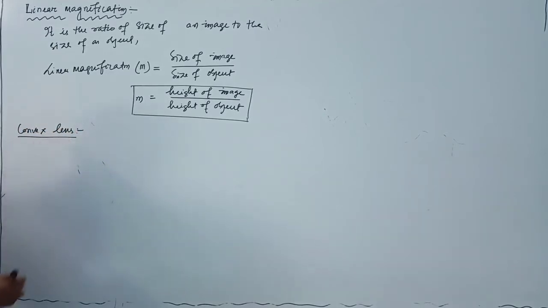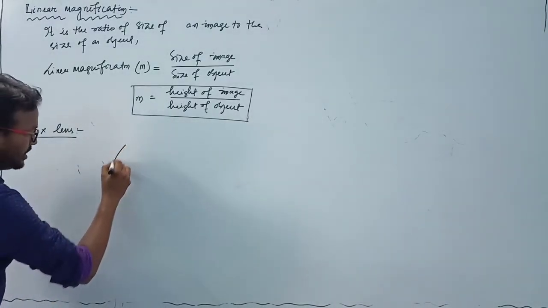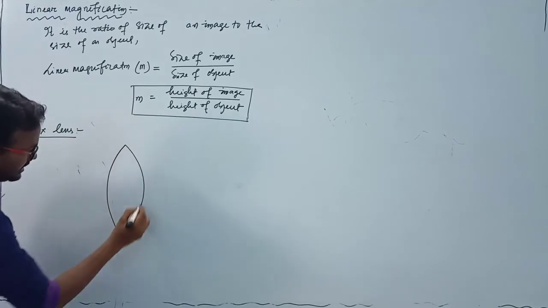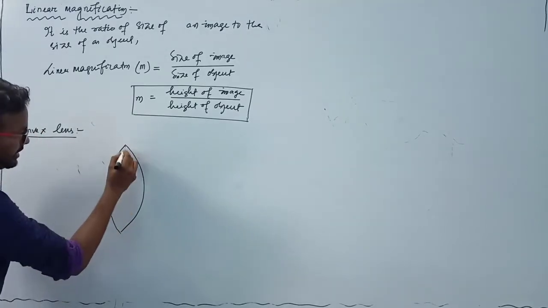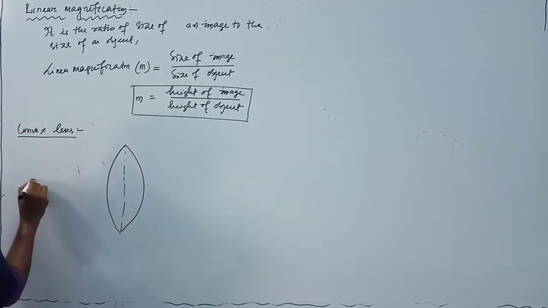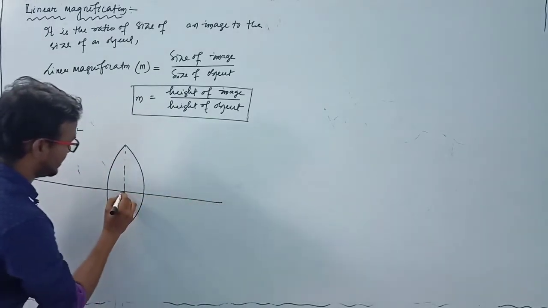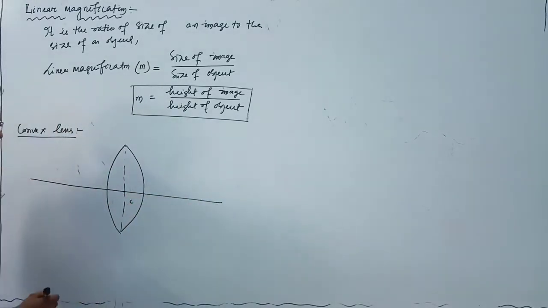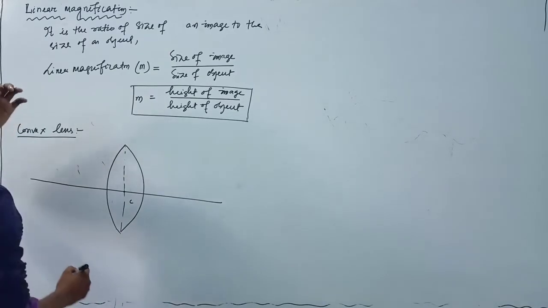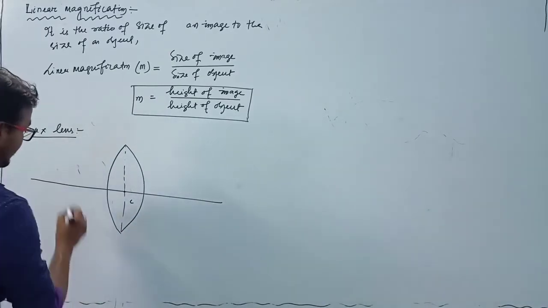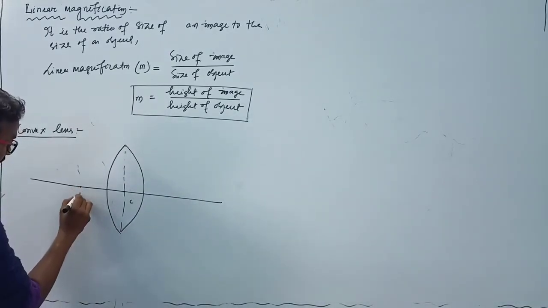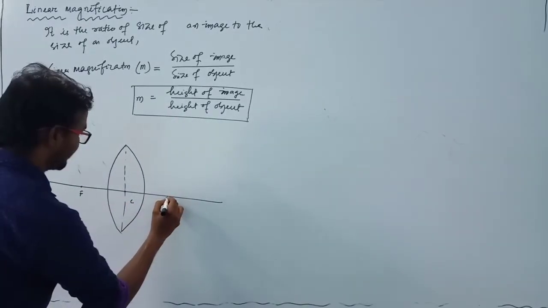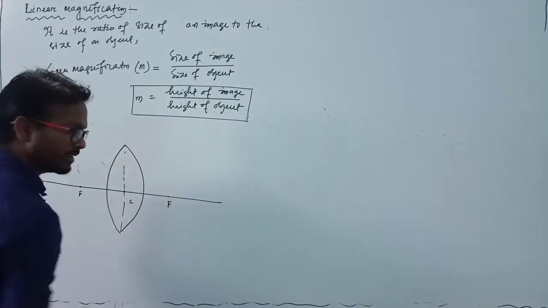Linear magnification in case of a convex lens. Suppose we have a convex lens here with its optical center, and this is the principal axis passing through the optical center. Suppose there is an object and this is the focus point, focus f, and here also focus f.